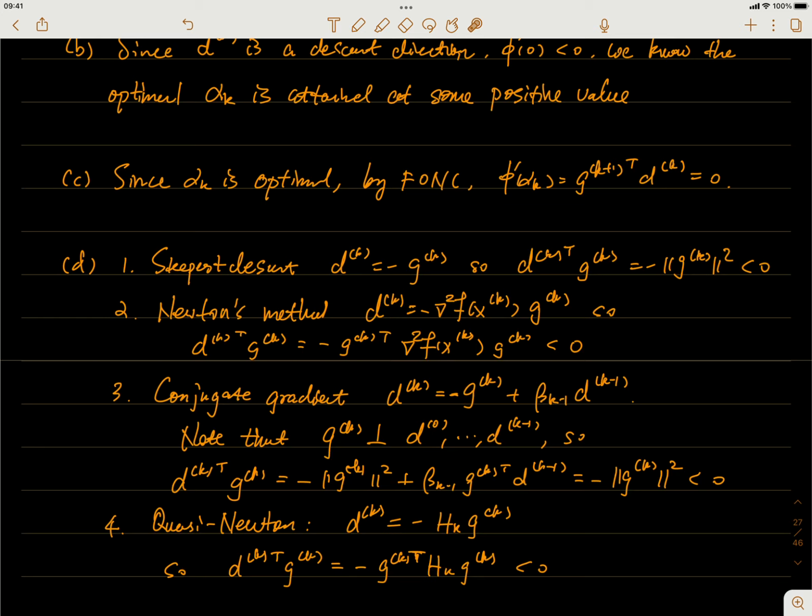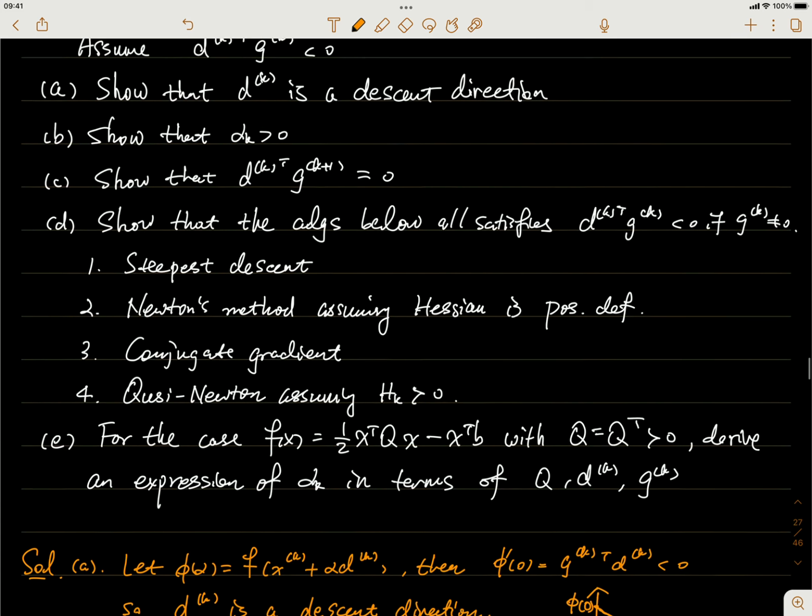For Newton's method, dk is set to this thing here. Sorry, it should be minus the inverse Hessian times gk. So in this case, because the Hessian is positive definite, I think we assume that.